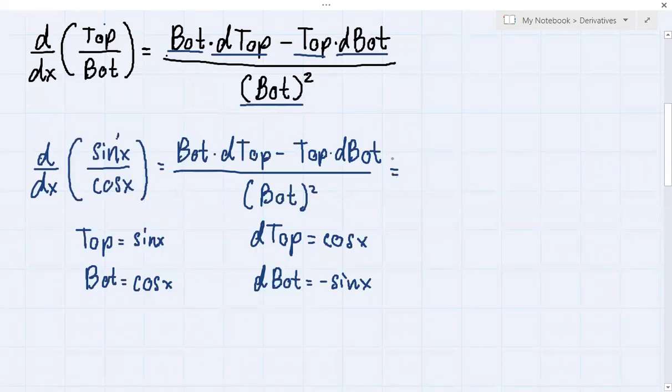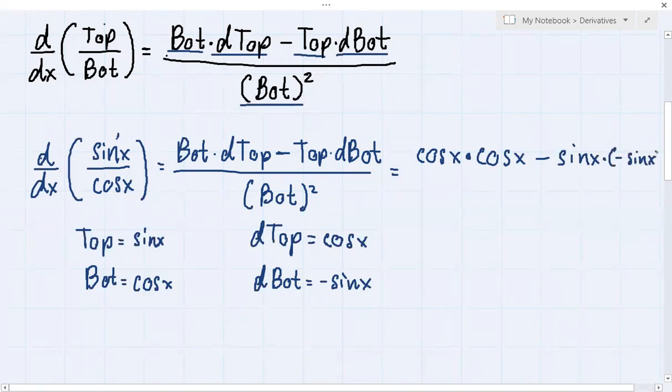Your bot is basically your cosine x times the derivative of top or d top is cosine x minus top, which is basically your sin x times d bot or derivative ng bottom, this is negative sin x. Okay, all over the square ng bottom, which is square ng cosine x.